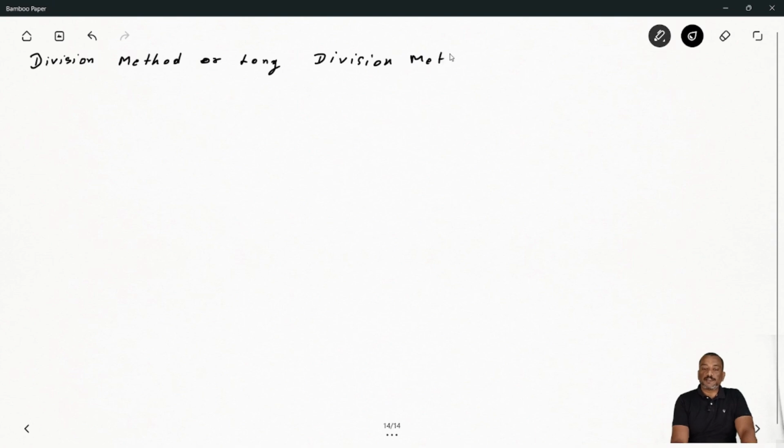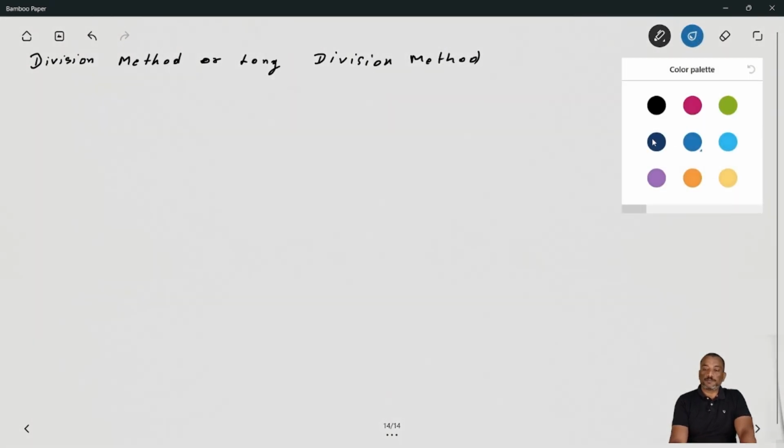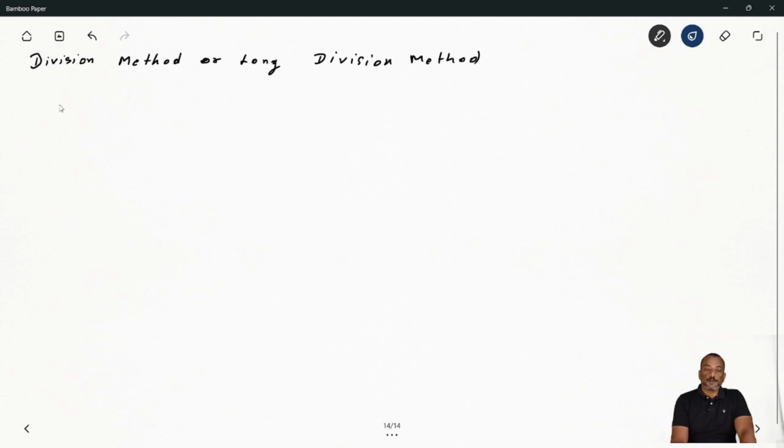So let's see, suppose we have to find the square root of 50. You already know 50 is not a perfect square, but we have to find its square root.